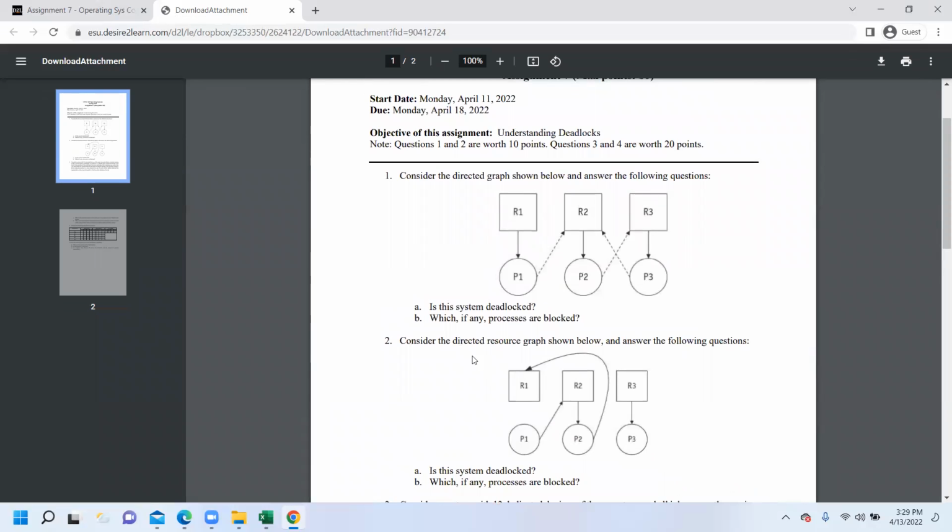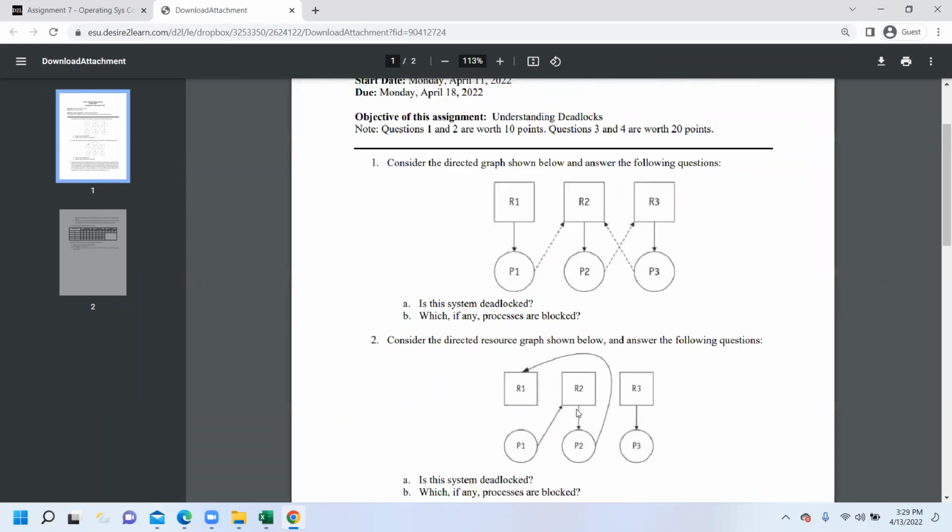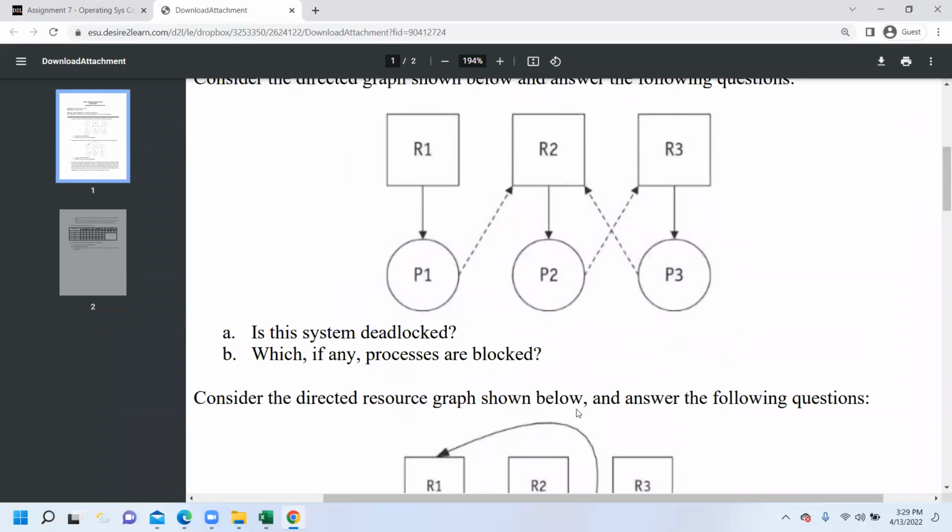Here I just want to explain the symbols. This down arrow pointing to P2 means that the resource has already been acquired by that process. If the arrow is going to the resource, that means the resource is not yet acquired; it is asking for that resource.